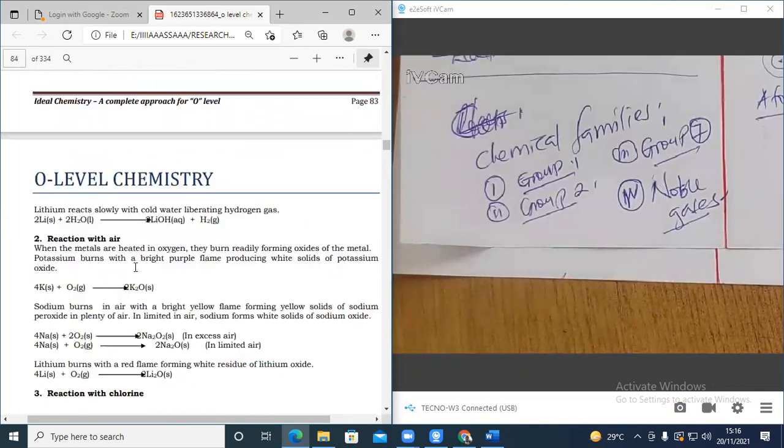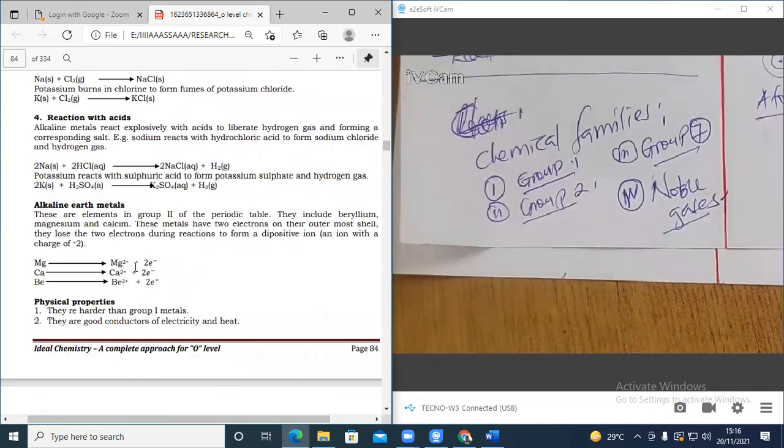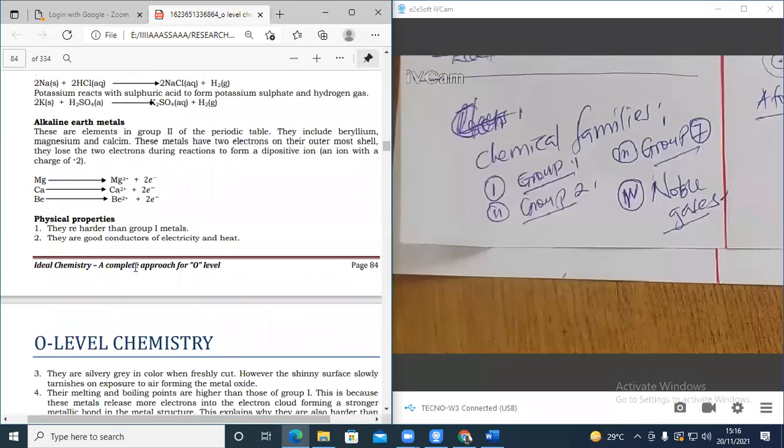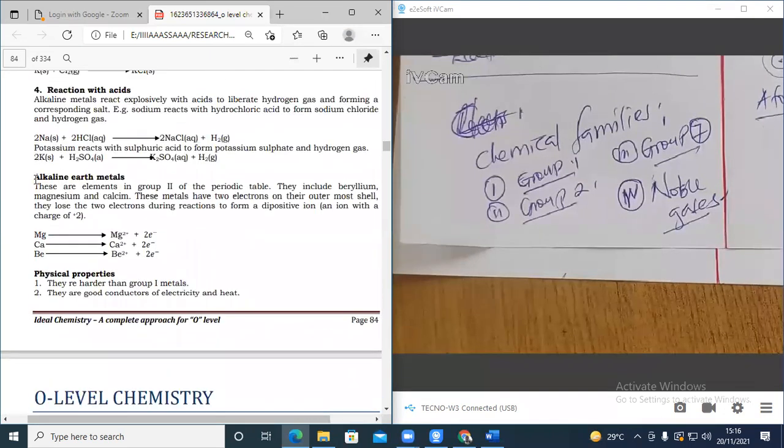The second family is called the alkaline earth metals. So somebody should be writing this. The first one is alkaline metals. This one is alkaline earth metals, group 2. So these are elements of group 2 in the periodic table. Alkaline metals, elements of group 1.